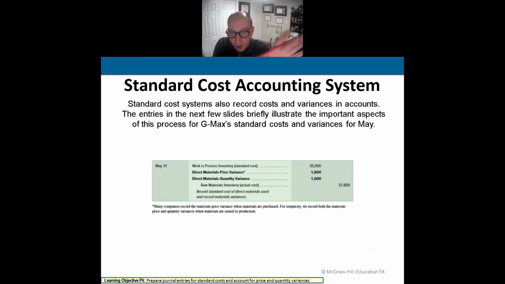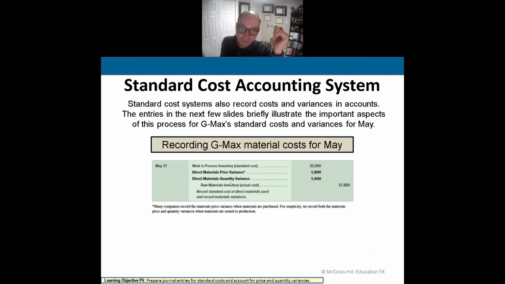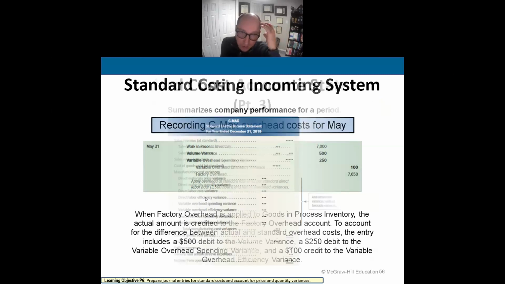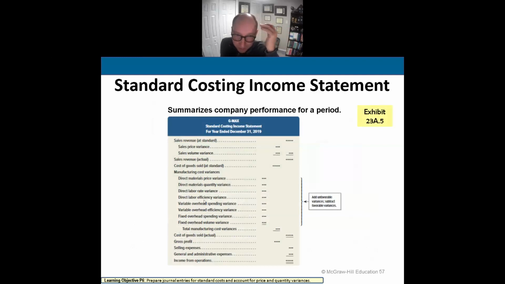What this does is it applies the actual cost based off of the standard cost. We do those adjusting journal entries for all variances at the end of each month.